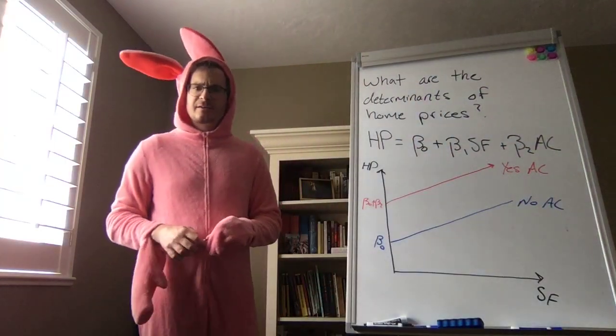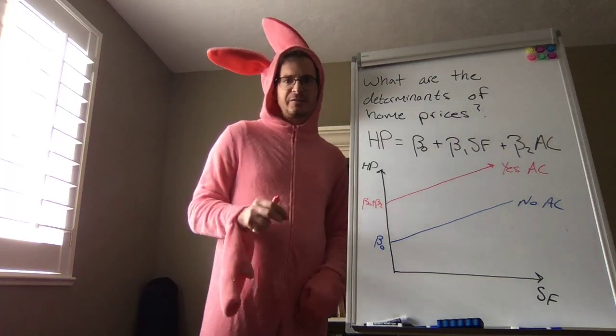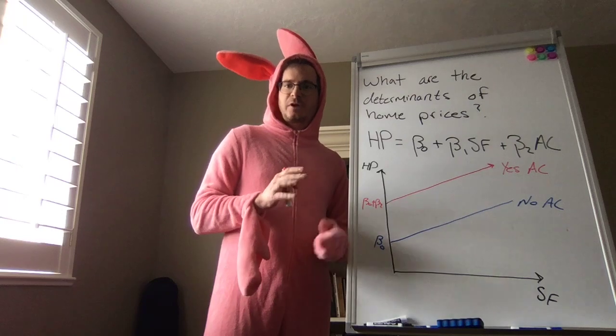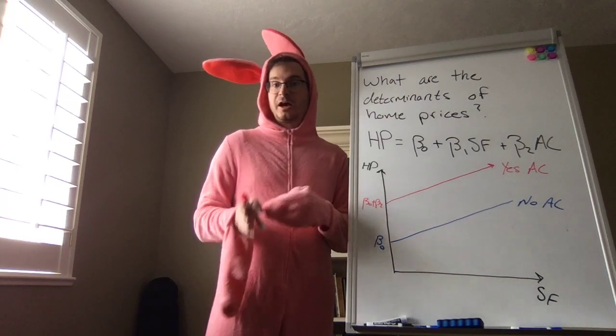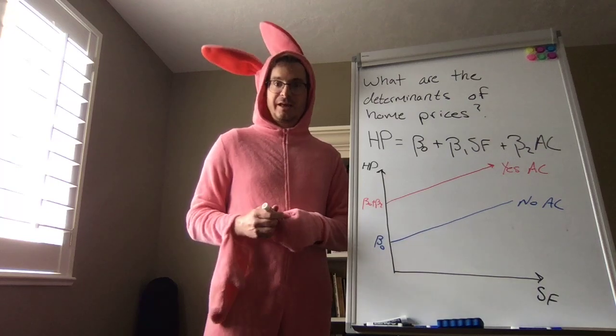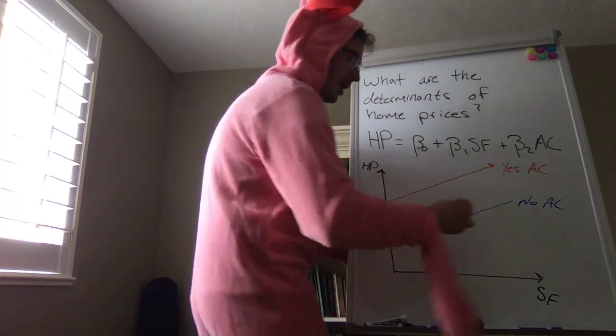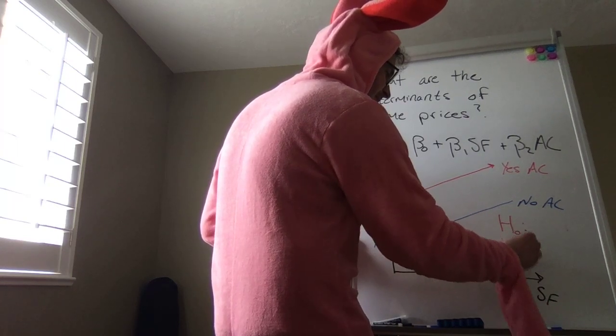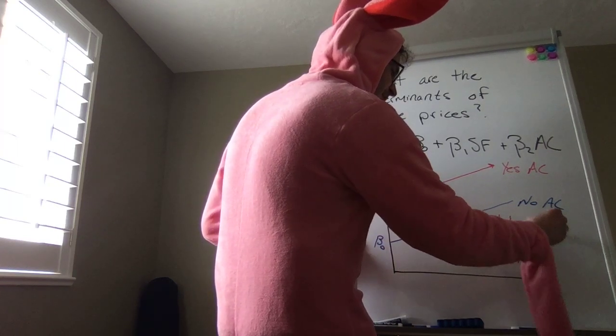Now we might ask, is there a statistically significant difference in house prices for houses that have AC and do not, holding square feet constant? We can answer that question by doing a hypothesis test on beta 2.